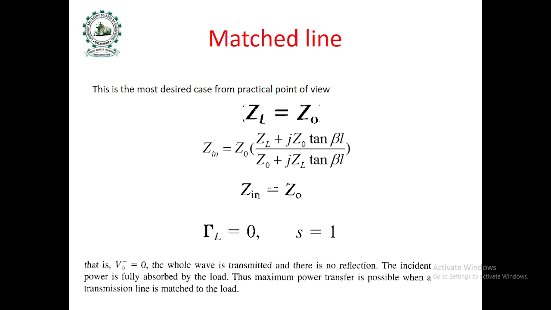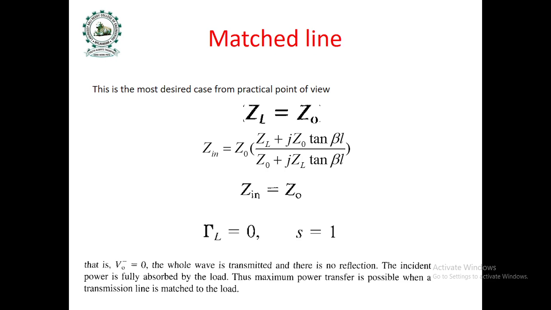Matched line. Matched line means the matching condition is ZL equal to Z0. So reflection coefficient 0, standing wave ratio equal to 1. That means there is no reflected wave.